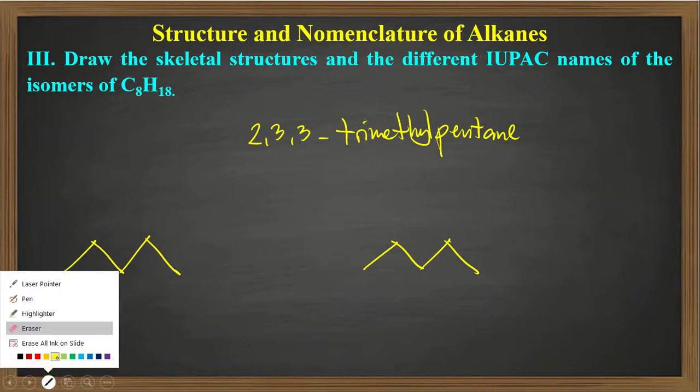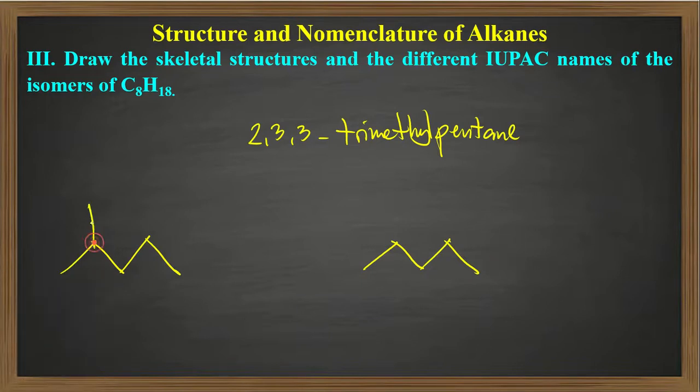So, meron tayong isang methyl in carbon number 2, dalawang methyl in carbon number 3. Okay? The same lang na sila. This will be carbon number 1, 2, 3, 4, 5. That is still 2, 3, 3 trimethyl pentane.